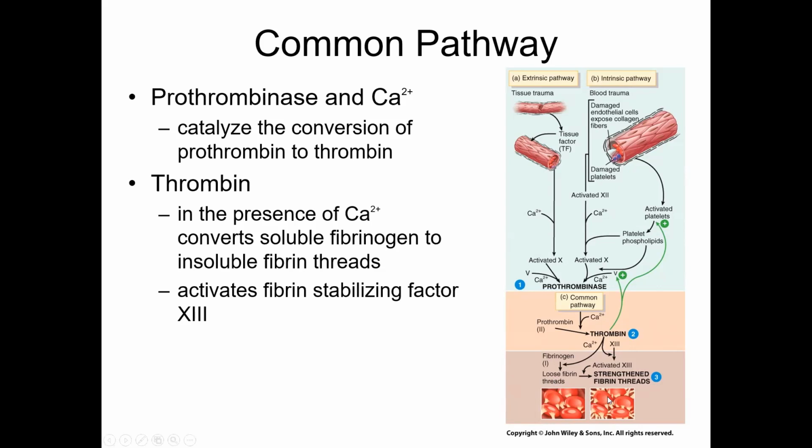We do need both the platelet plug formation and the fibrin threads together. Without platelet plug formation, the fibrin threads are just ineffective. And without fibrin threads, the platelet plug is too unstable.